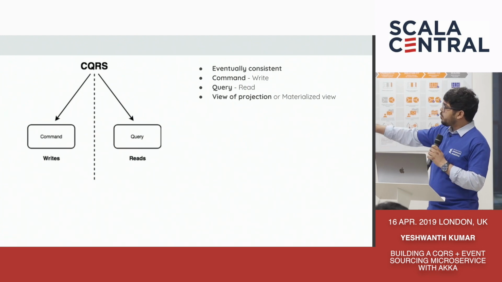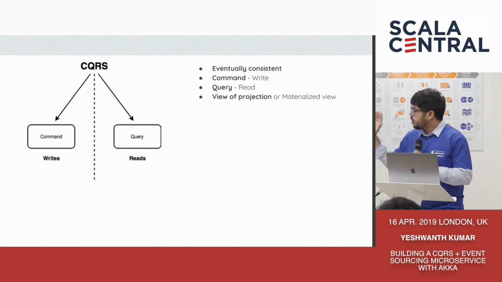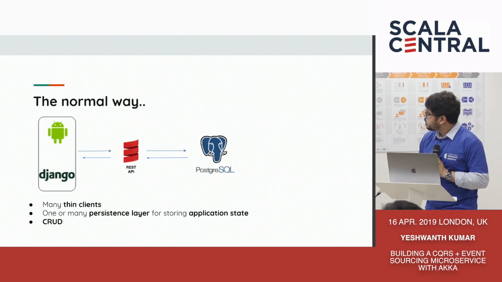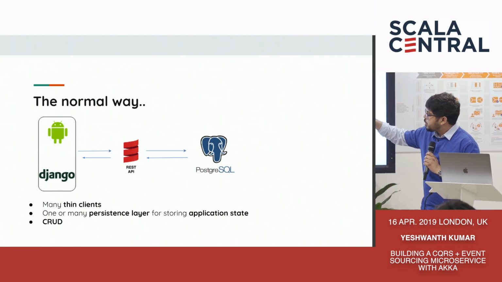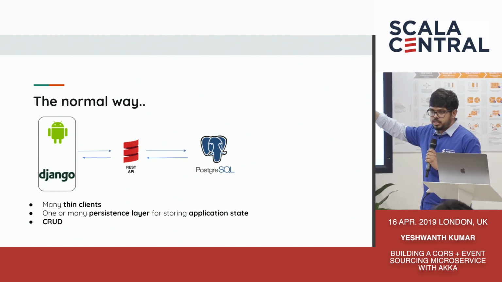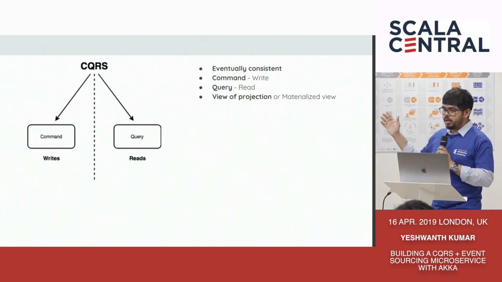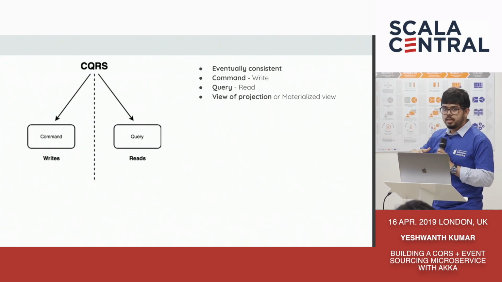Okay, to give you another quick introduction of what CQRS is, like I said, your writes and your reads are separate. In the previous picture, we saw that your reads and writes are in the same application, but imagine you separate them into two different layers, so your read is separate and your write is separate, right?